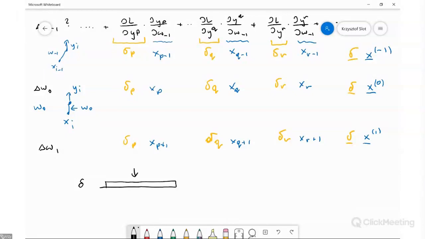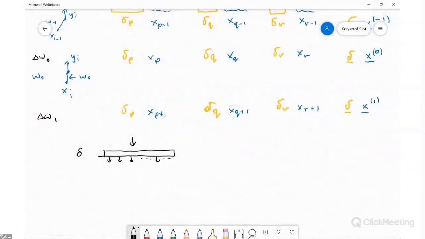I'm propagating information about a loss, about an error downwards. So these are just propagated errors at the outputs of these neurons, that form my filter. And here I have a vector of inputs. This is an x vector. So this is a vector delta, and this is a vector x.